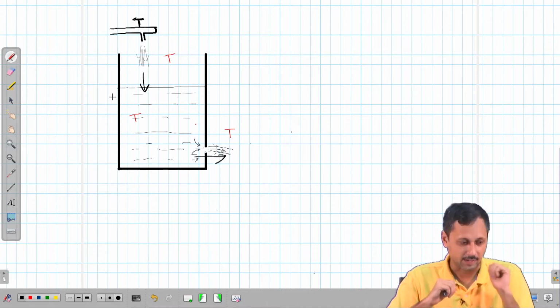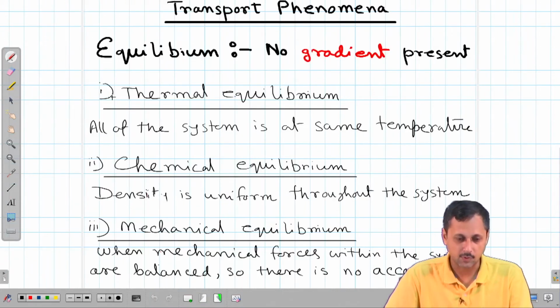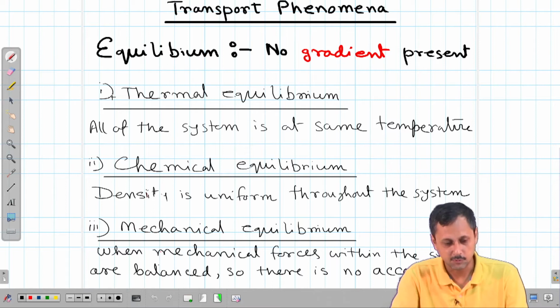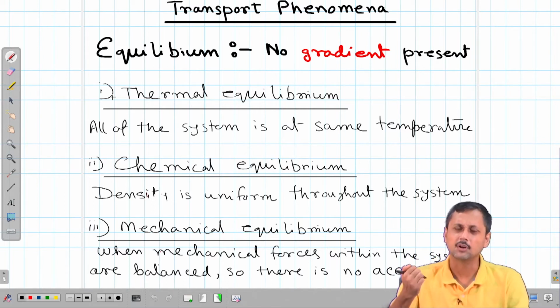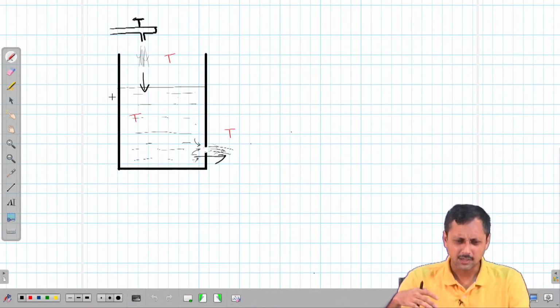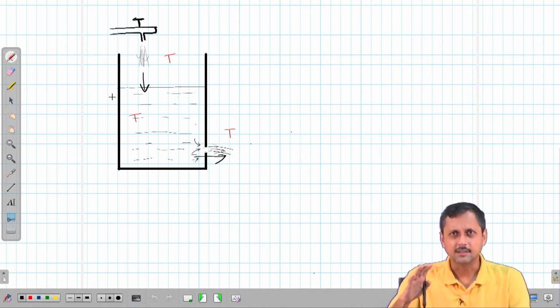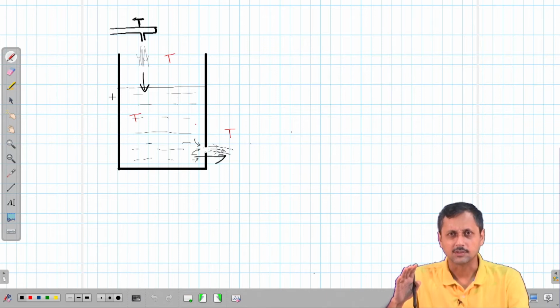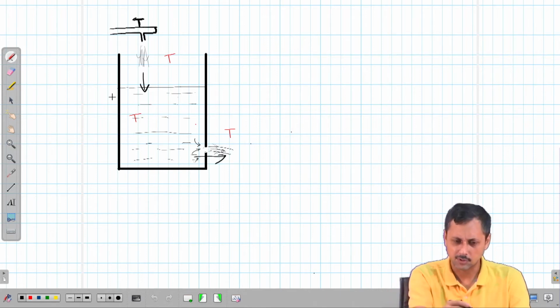Okay, it's fine. So now we understand the meaning of equilibrium. Basically we are talking about these three different types of equilibrium. Also there is something called phase equilibrium, which we will be discussing towards the end of this lecture series, when we discuss the phase rule and all. But in general, if there is mechanical, thermal and chemical equilibrium, then we call the thermodynamic system to be in equilibrium, which is not the case here.